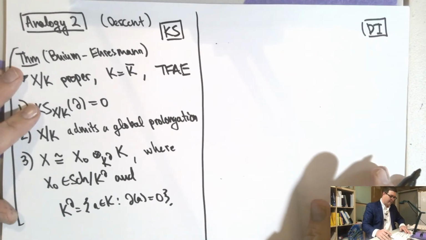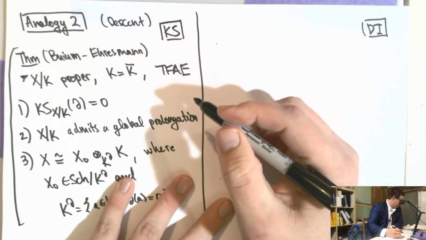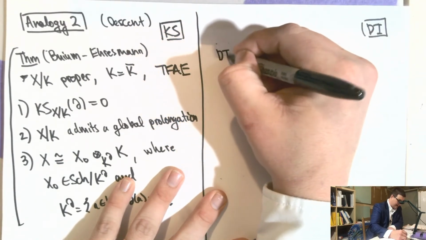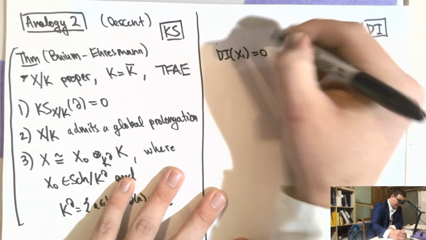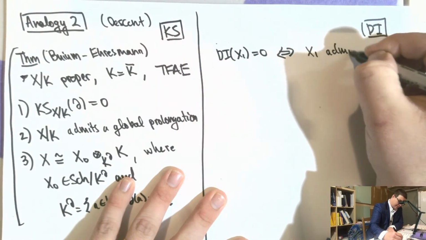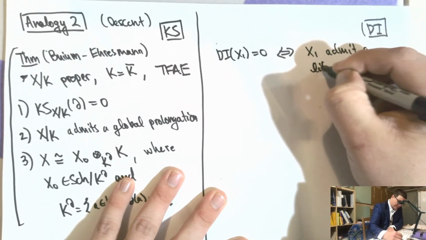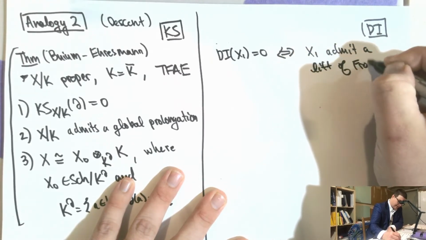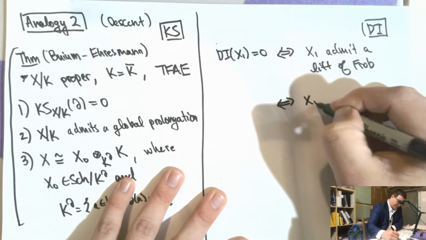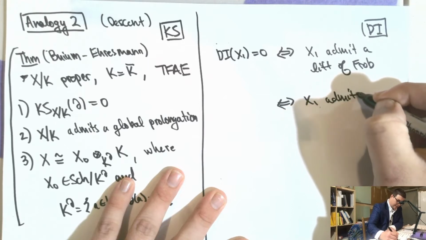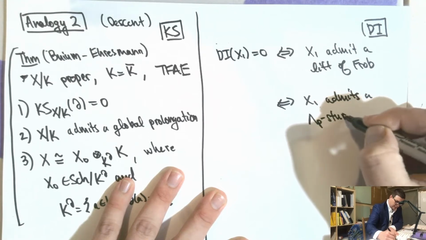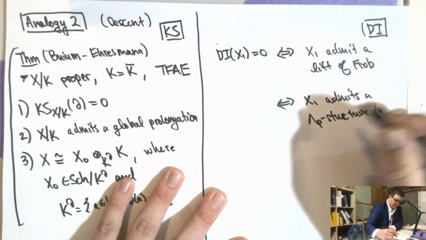Here we have that the class d_i of X_1 is 0 if and only if X_1 admits a lift of the Frobenius, and this is if and only if X_1 admits a lambda-p structure in the sense of Borger.